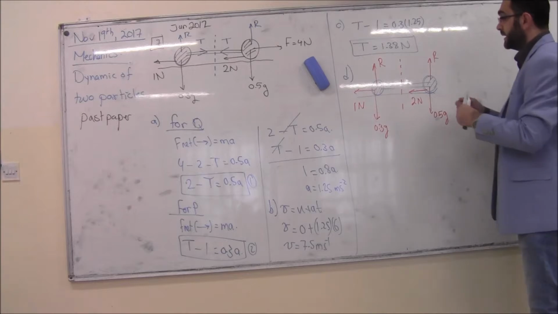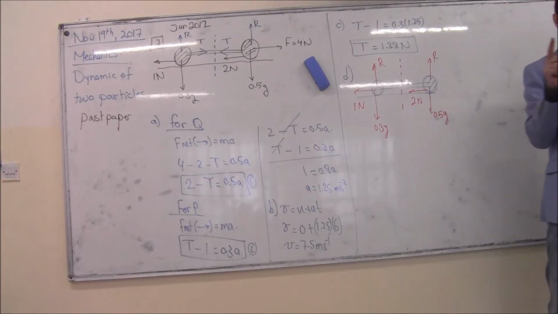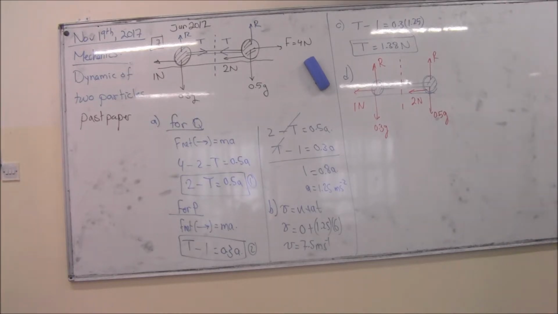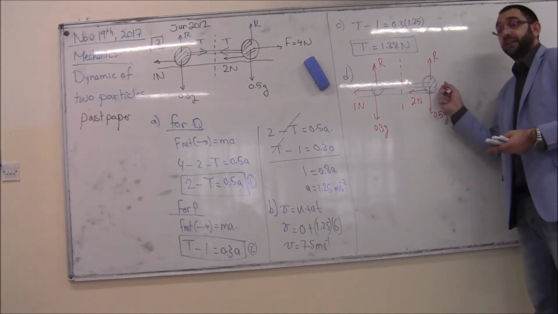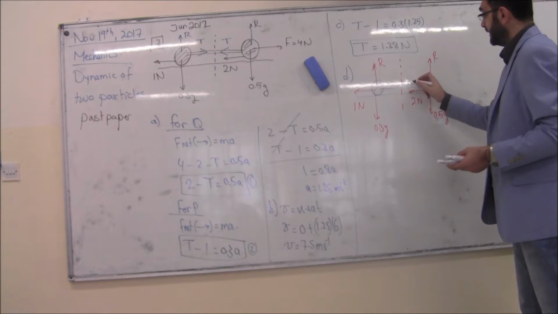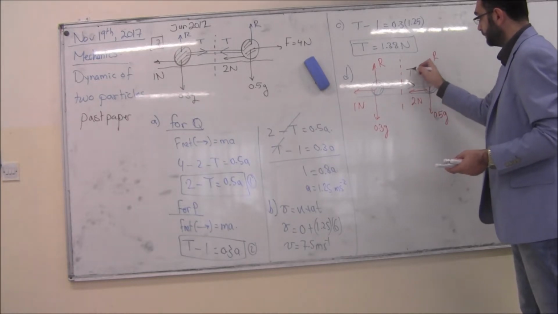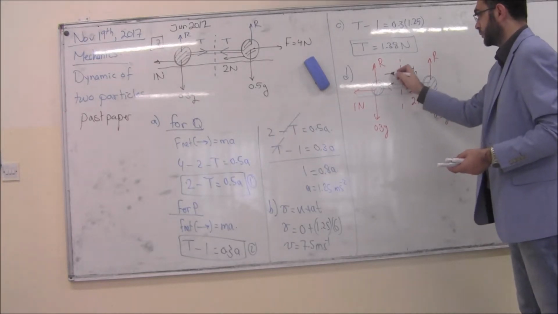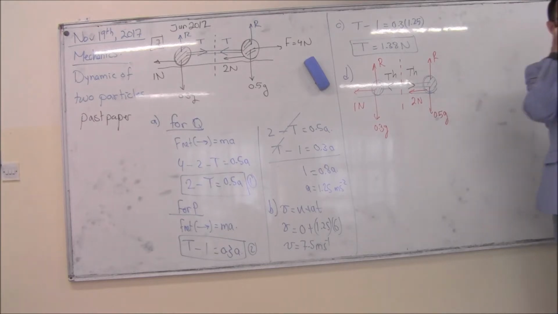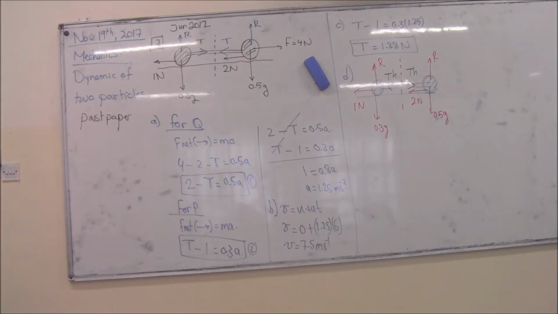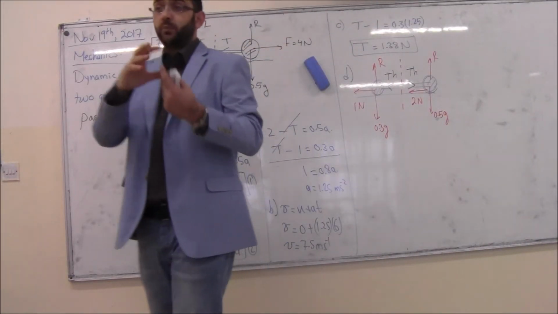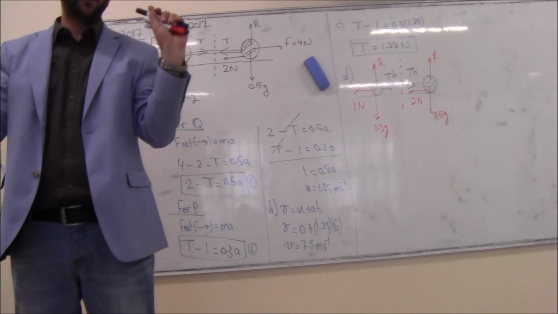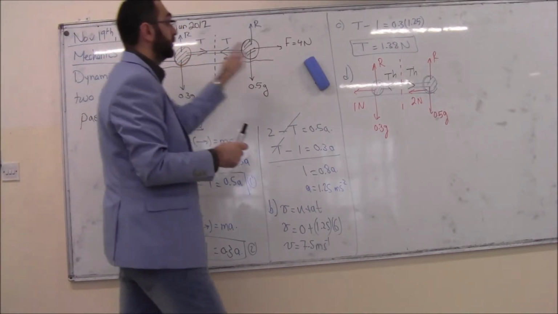What will happen here? We have thrust. In the deceleration, the force now is thrust, so here we have thrust in this way and thrust in this way. In the case of deceleration, the force in the rod becomes a thrust, but in the opposite direction. Look at the difference.